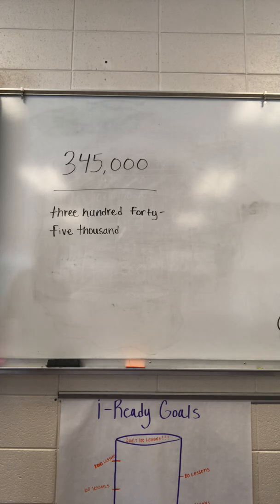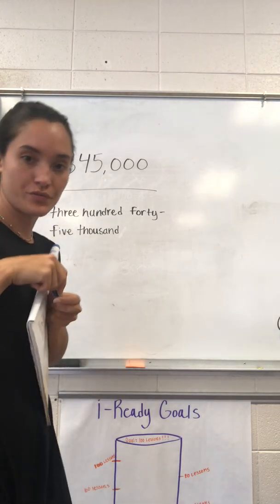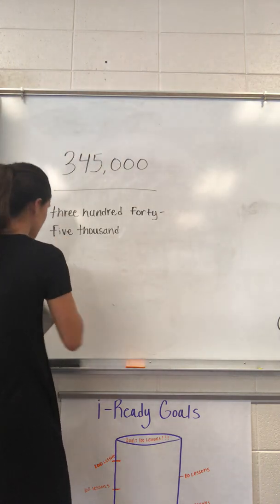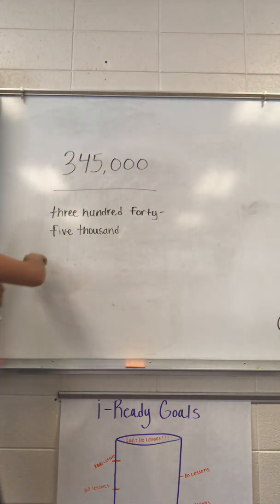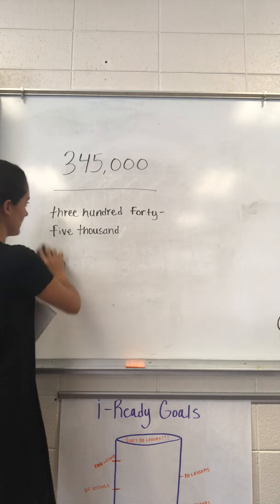So 345,000 would be our word form, okay? So now let's go to expanded form. I'm going to erase the word form, so if you want to pause the video and write that down, you can.